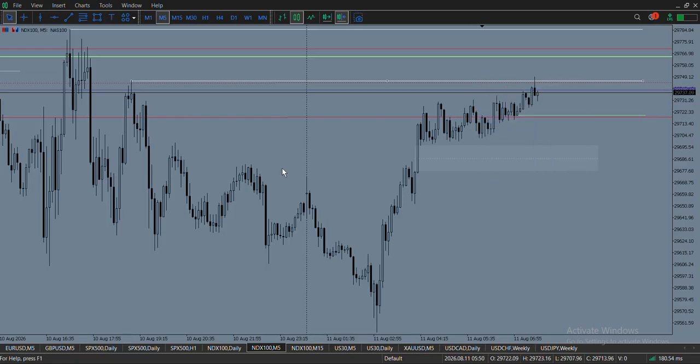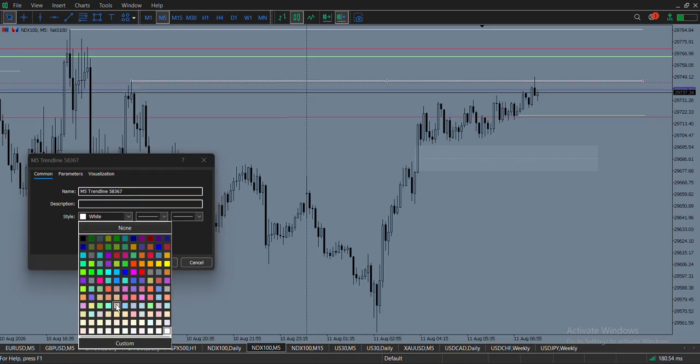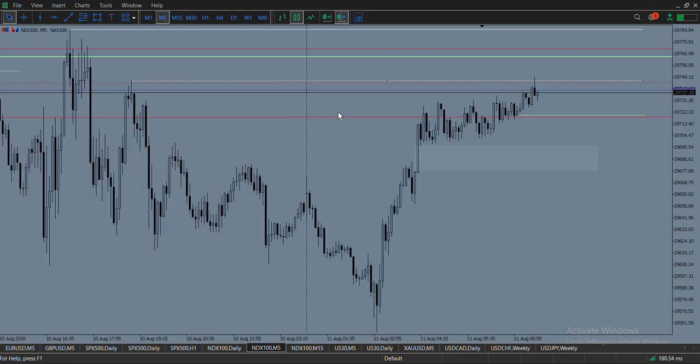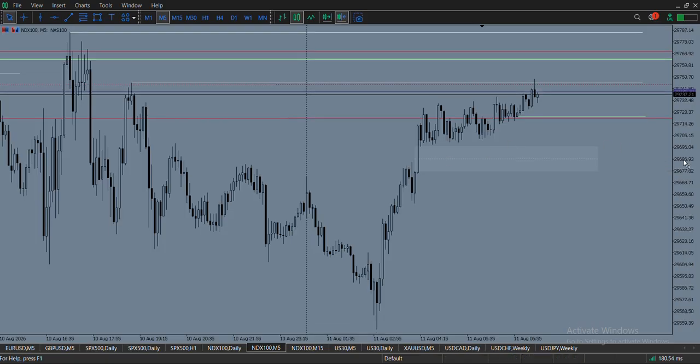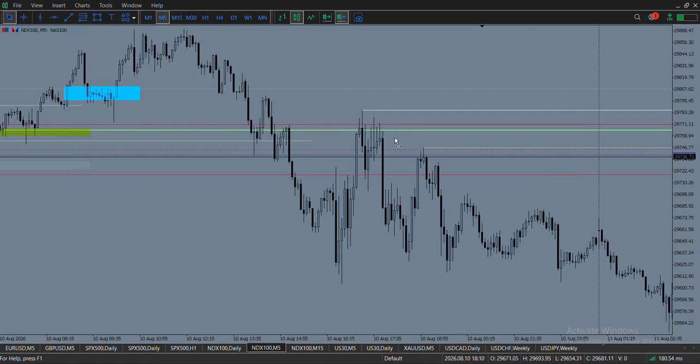So this buy side here, I'm gonna dim it, because it has been traded to. So the bias is bullish, and we've already met a target here.